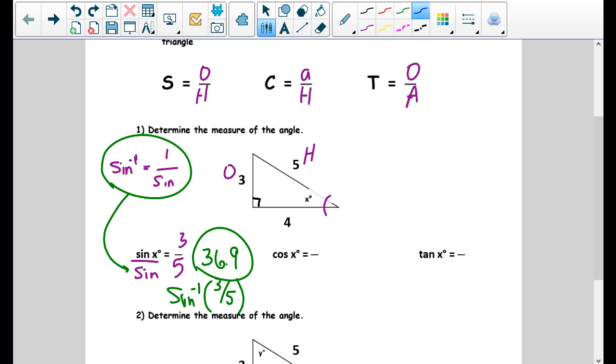And again, if we have all three sides, you can pick and choose which angle or which side you want to use. Okay? If we're using cosine, now we're looking at that A over H. So 4 is my A. So we have 4 over hypotenuse, which is 5. Again, we're using that inverse. So cosine -1, 4 divided by 5 is what we're plugging in our calculator.